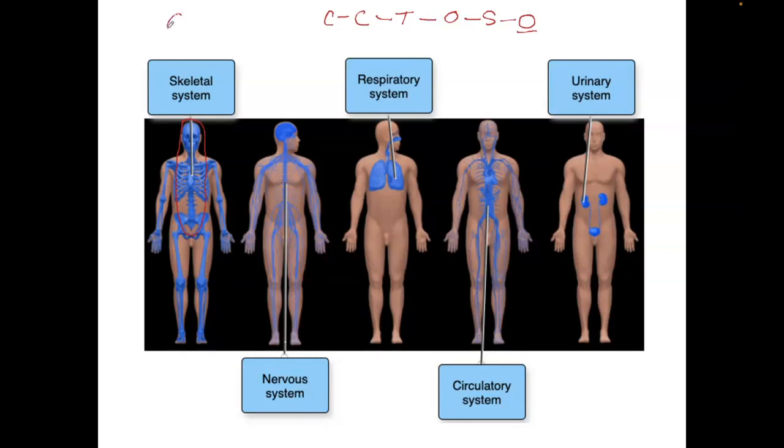That's called the axial skeleton. And then we'll talk about the upper extremity and the lower extremity, and those are referred to as the appendicular system.